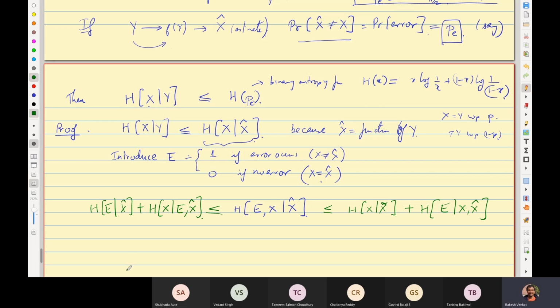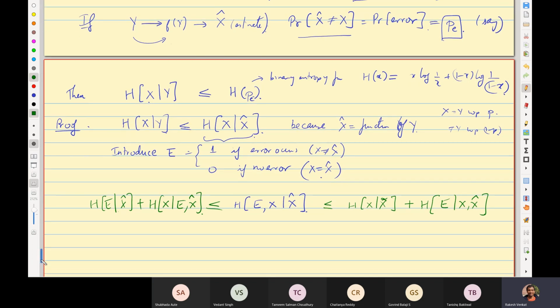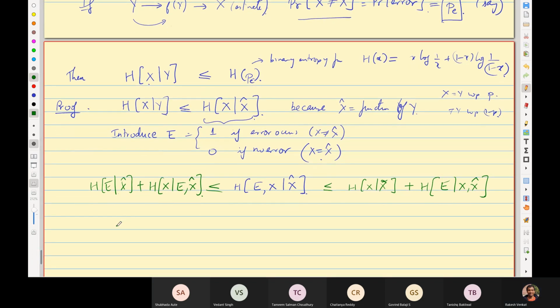Okay, and now we'll rearrange this in order to get the result. Oops, sorry, this is equality. What am I doing? It's a chain rule. Okay, so now I can rearrange.